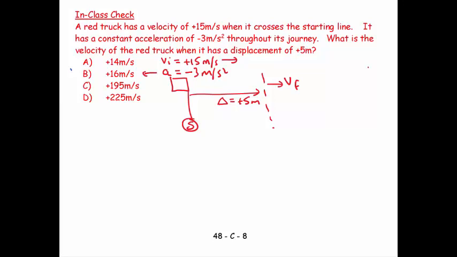So I make a list and I say VI is equal to plus 15 meters per second, and A, of course, is equal to minus 3 meters per second squared. I know that my displacement, delta x, is equal to plus 5 meters, and I'd like to know what VF is.